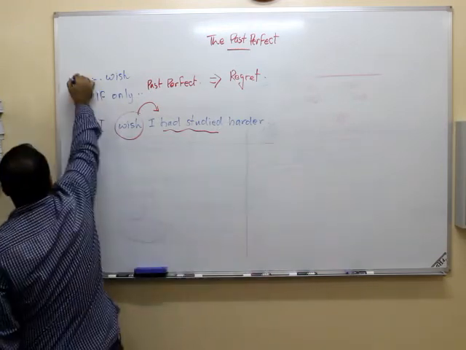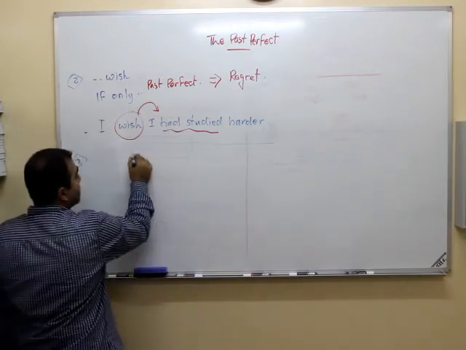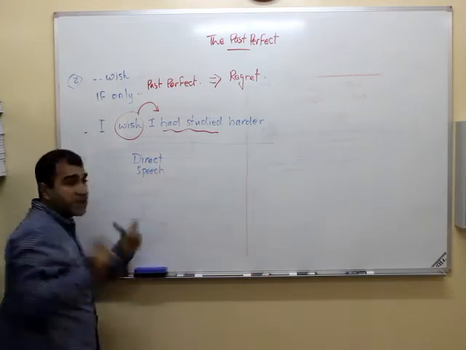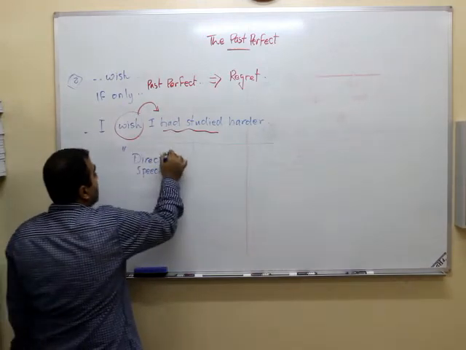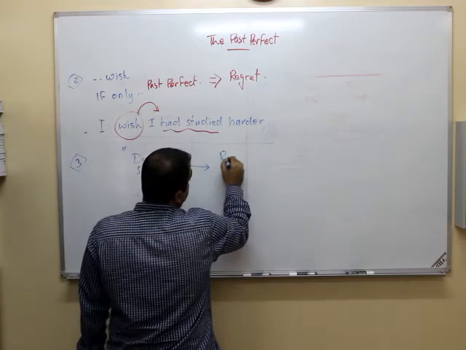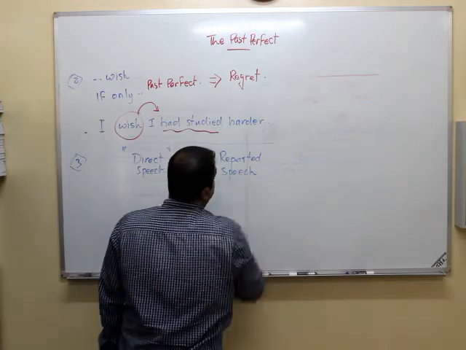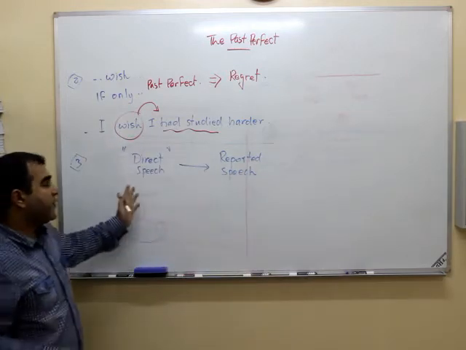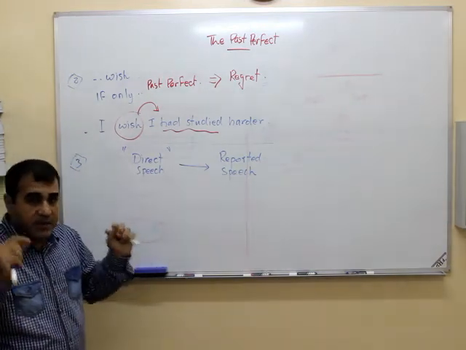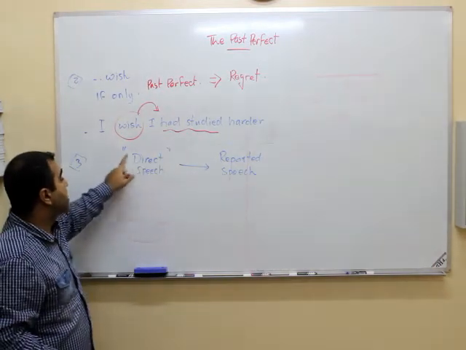When you change from direct speech, in speech marks, to reported speech, if you remember, direct speech is the speech that someone said exactly, so that's why we put it into speech marks.